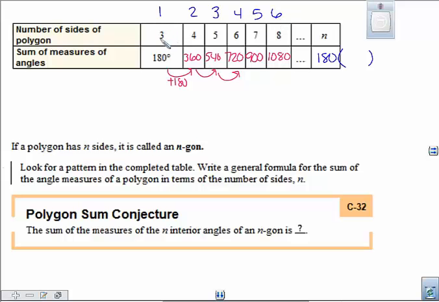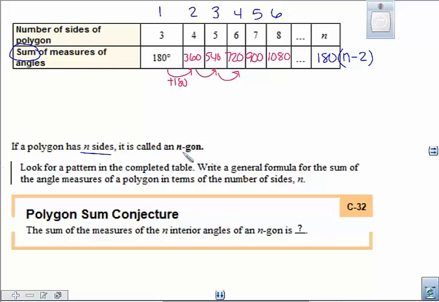If you look at the comparison from the number of sides, or your n, to what you're actually multiplying by, these are 2 less. 1 is 2 less than 3. 2 is 2 less than 4. So you're subtracting 2 from the number of sides. And we said the number of sides is represented by n, so this would be n minus 2. So you're multiplying n minus 2 times 180 to find the sum of the interior angles of a polygon.